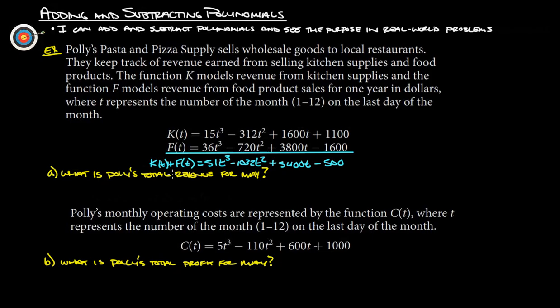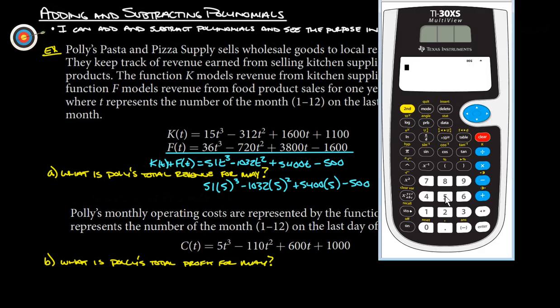Now Polly's total revenue for May would be 51 times T, which in this case is 5, cubed, minus 1032 times 5 squared, plus 5400 times 5 minus 500. So we'll get our calculator here: 51 times 5 to the third power. The power button, remember, is this little up arrow.